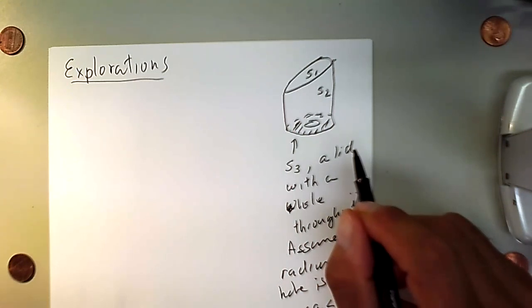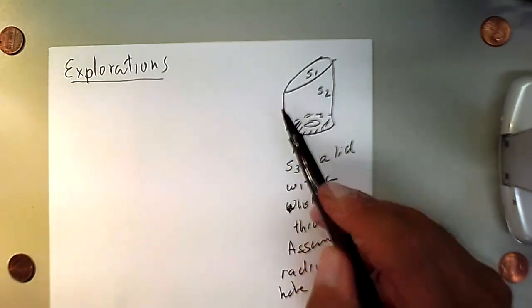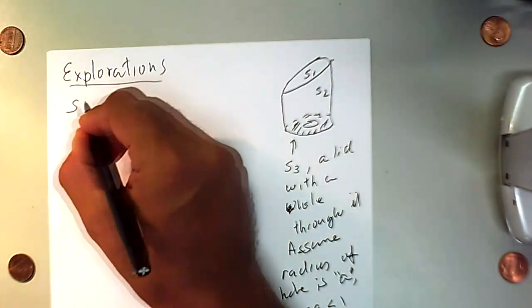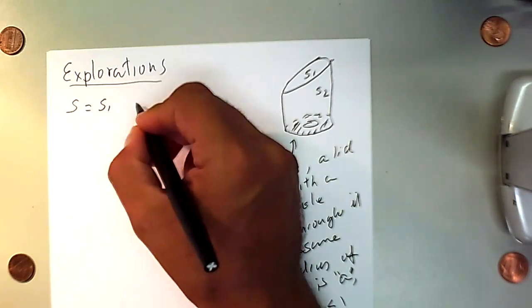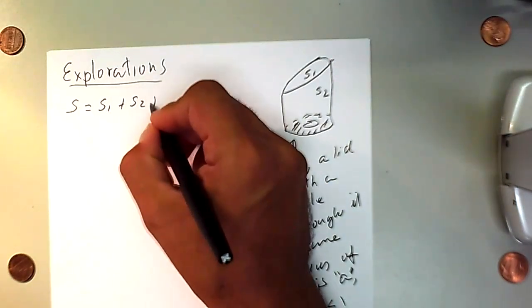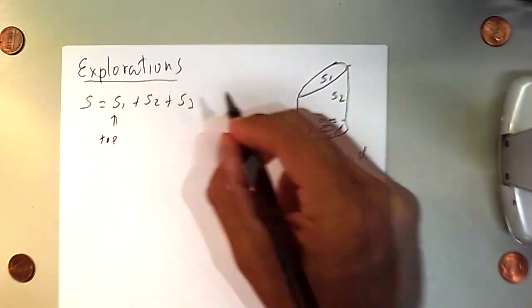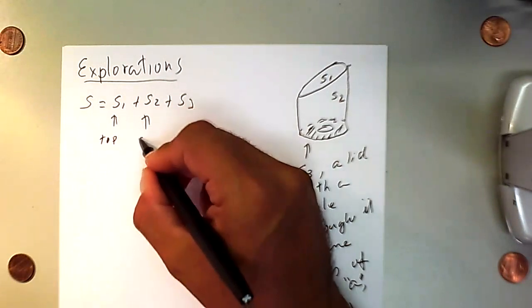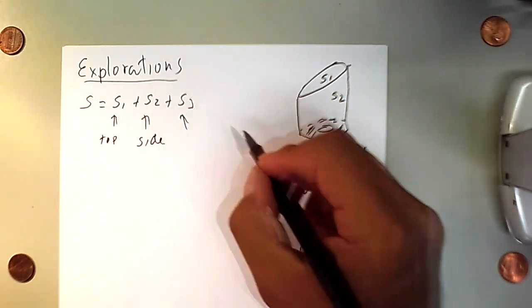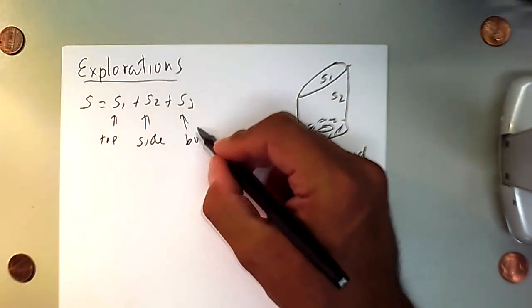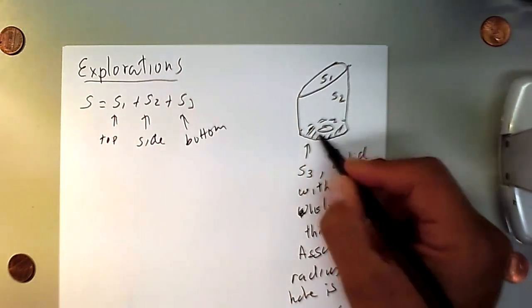So S is made up by S1, S2, S3, so that's the top, the side, and then the bottom. But the bottom has a hole in it.